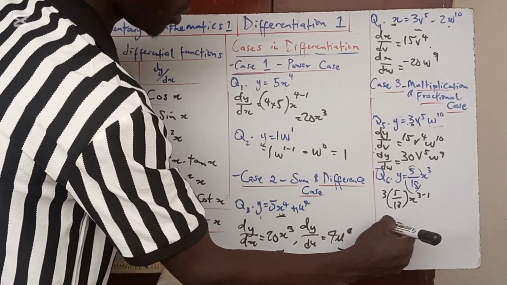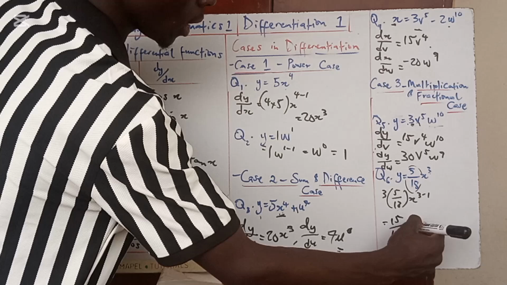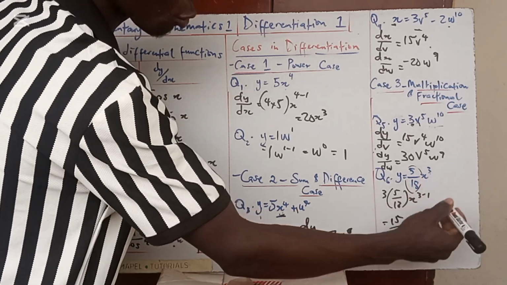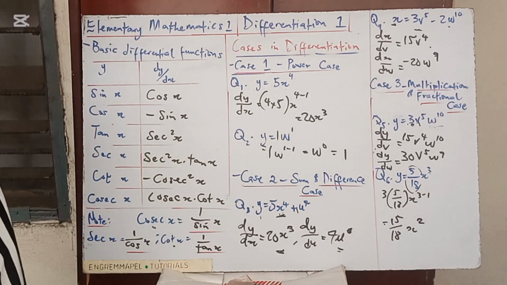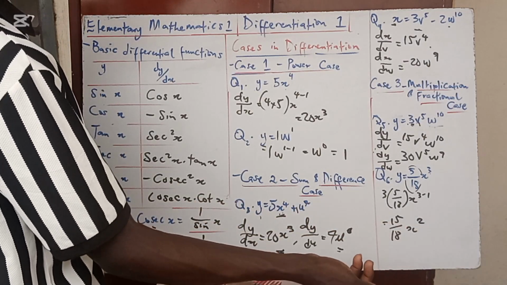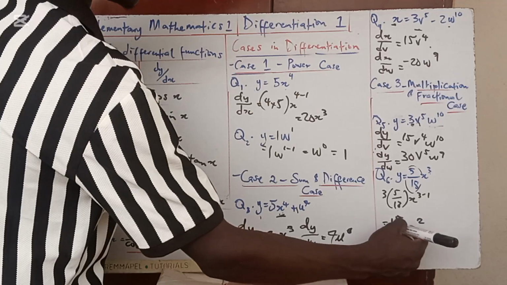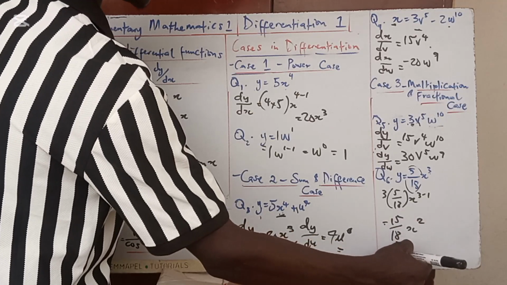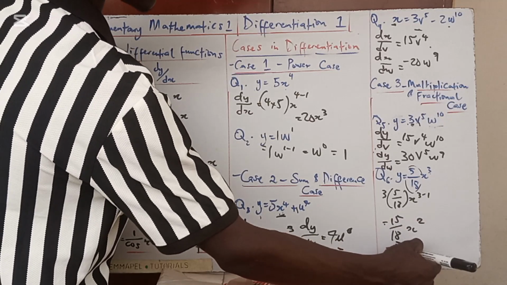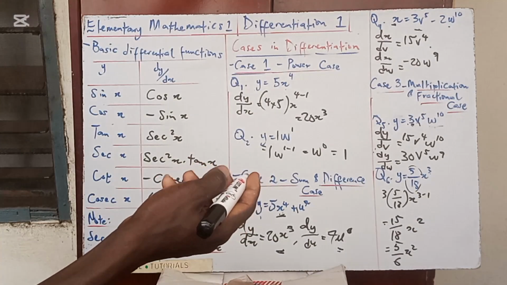Then that will be 3 multiplied by 5, that's 15 over 18. Then x raised to power 3 minus 1 is 2, right? And you can break it down to the lowest terms. 5 and 3 can go here, 3 can go here too. So I'll say 3 in 15, that's 5. Then 3 in 18, that's 6. So that's 5 over 6 x squared.